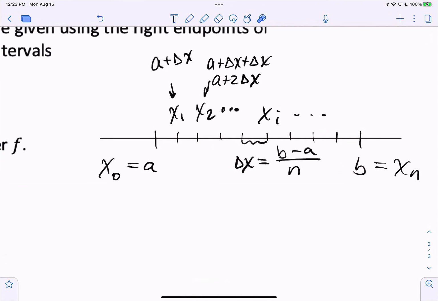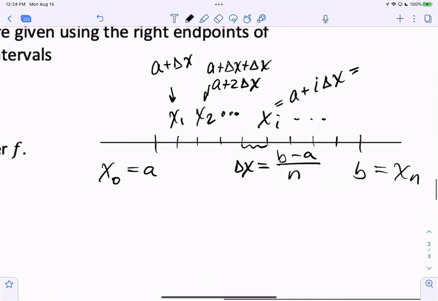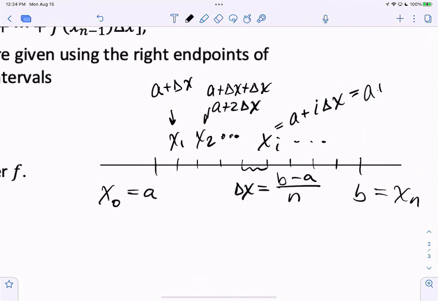There's a pattern here. x sub 2, a plus 2 delta x. x sub 3 would be a plus 3 delta x. So x sub i is equal to a plus i times delta x, which can be expressed as a plus i times b minus a over n, because that's our delta x.